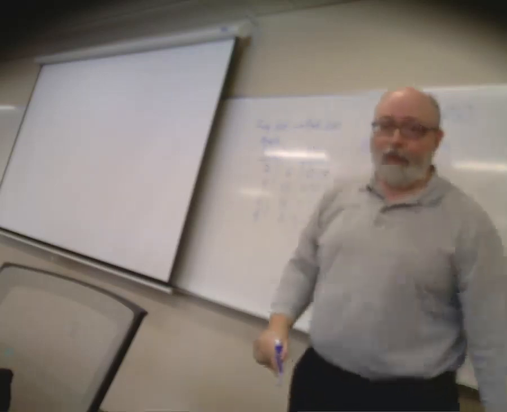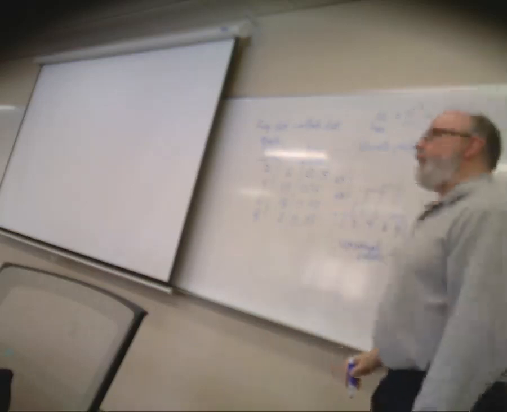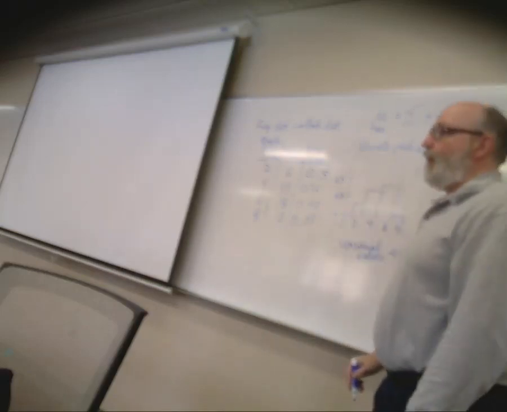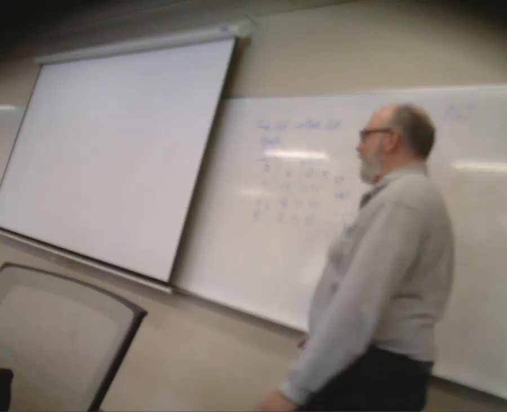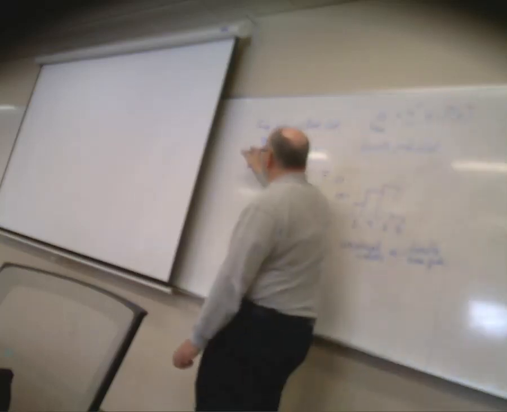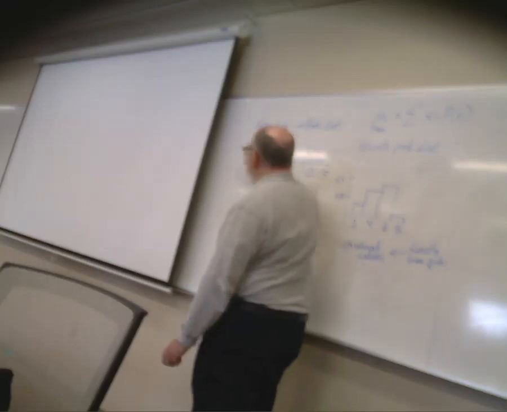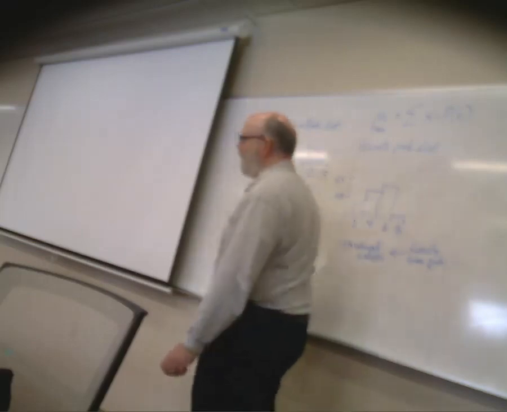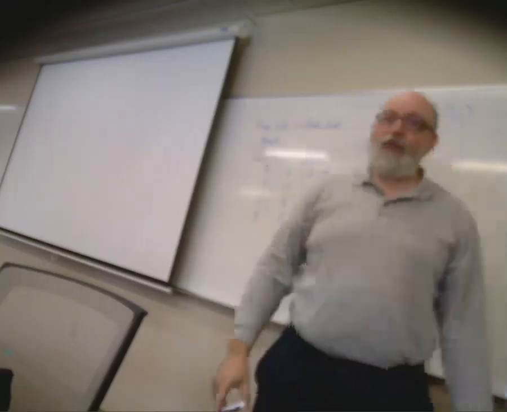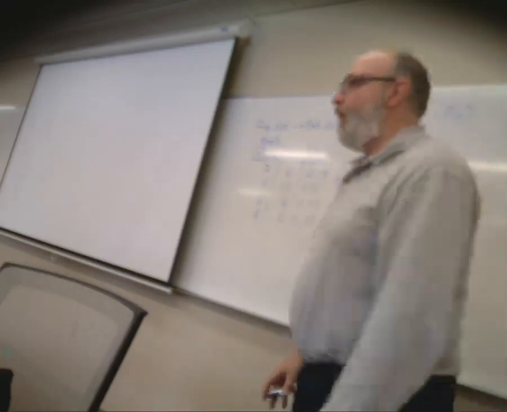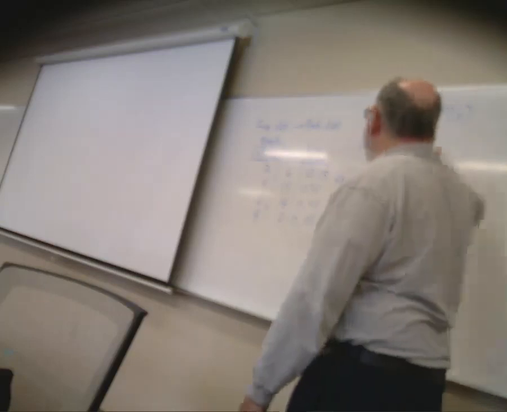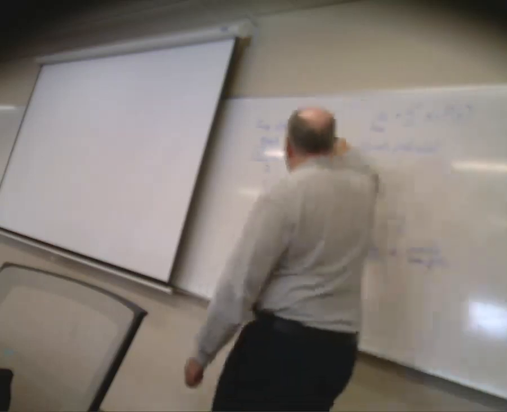Now, what is represented by the letter X? The letter X is representing my data values. That is this first column. That's X. X is the thing that I'm measuring, which is the number of people buying coffee. What is the probability of X? That would be this column.